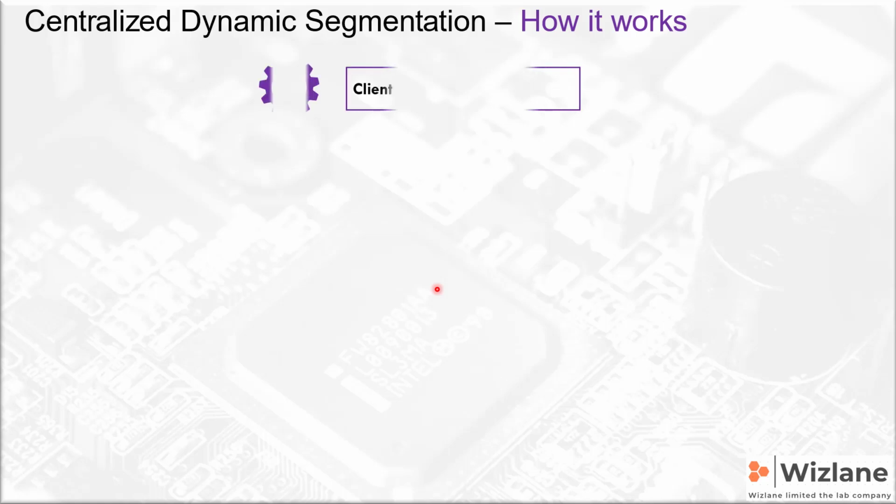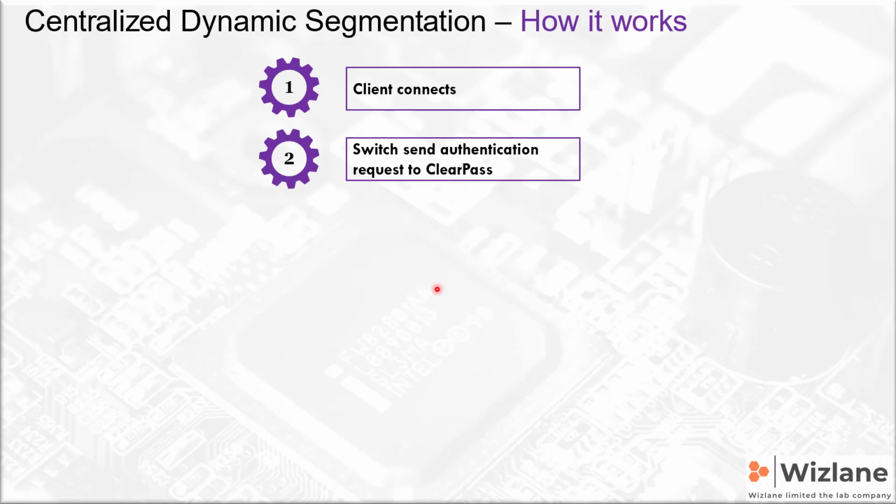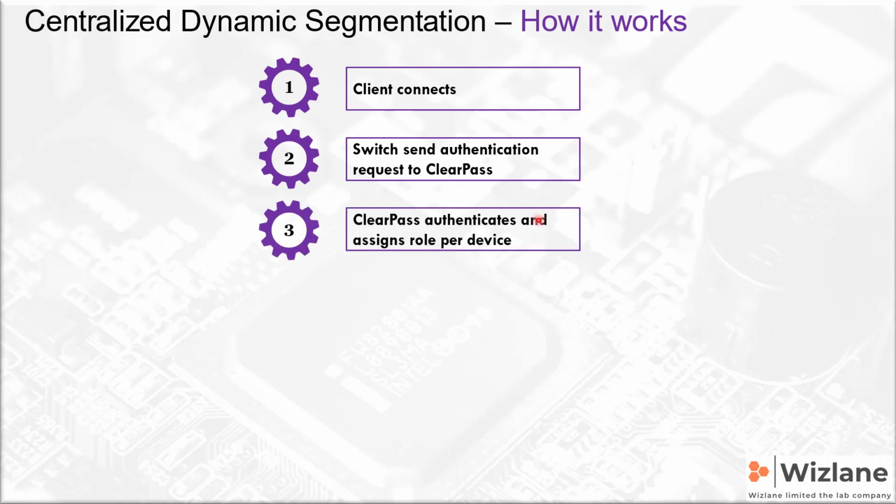So the client connects physically to the switch. The switch will send an authentication request to ClearPass, business as usual, there's no problem. And then ClearPass will authenticate. Now we know from previous slides that ClearPass will be able to assign a role per device.